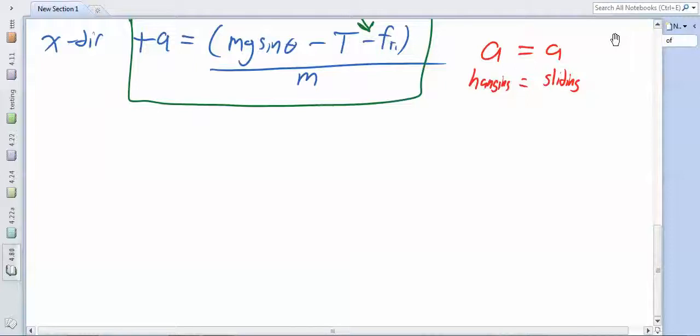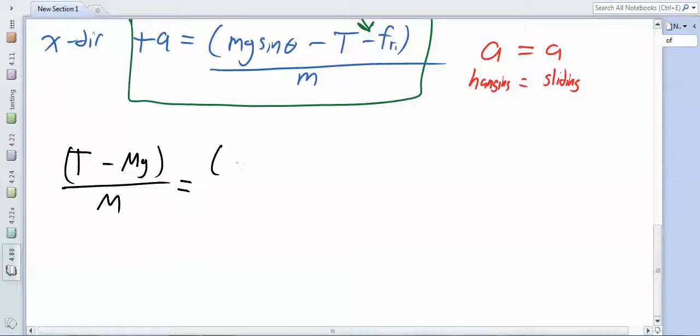All right, so I need to have some more workspace here. So that's going to tell me that T minus capital M G over capital M is equal to little m g sine of theta minus T minus the frictional force.